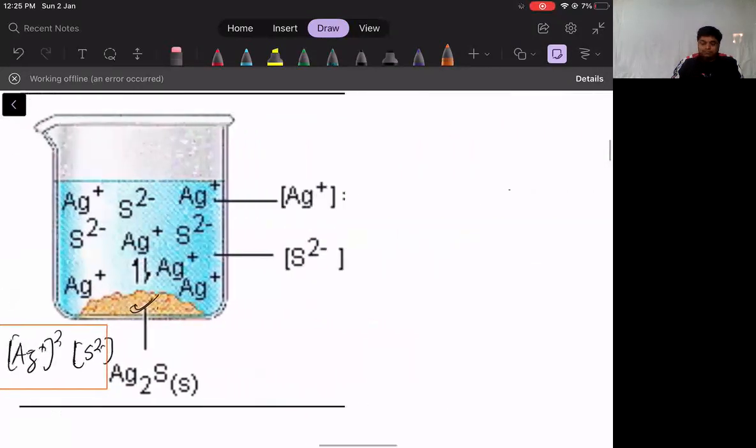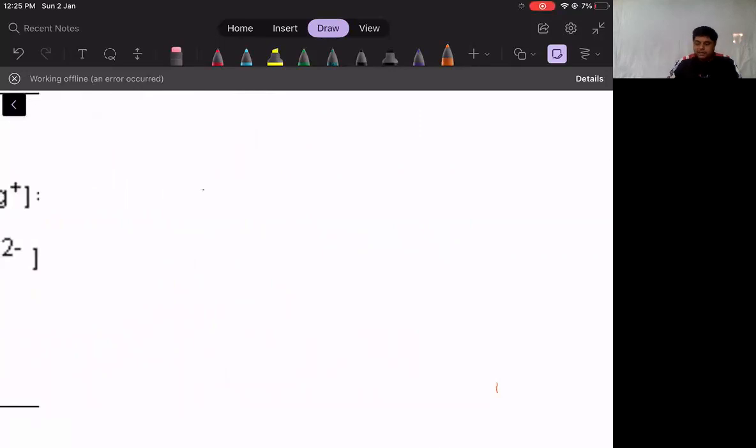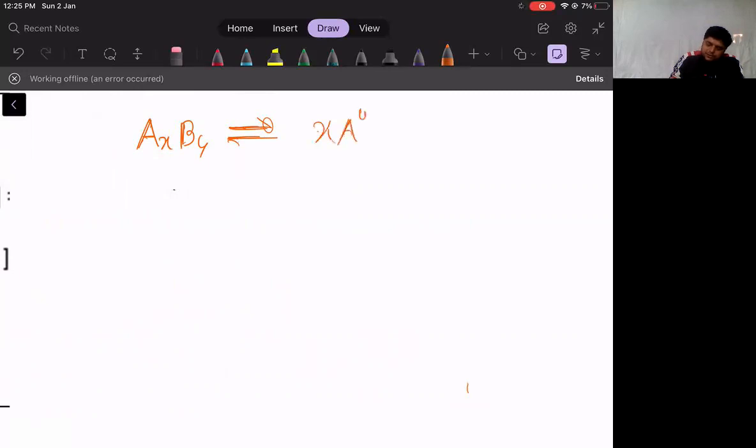To be more general, I am taking a general salt, say AxBy. Now I'm allowing this to dissociate. I'm directly dealing here with the dissociated ions. This will dissociate into xA to the y plus and yB to the x minus. We are following the charge balance here in this equation.